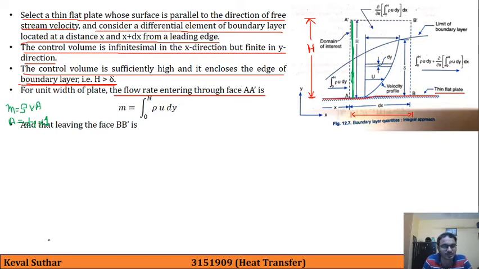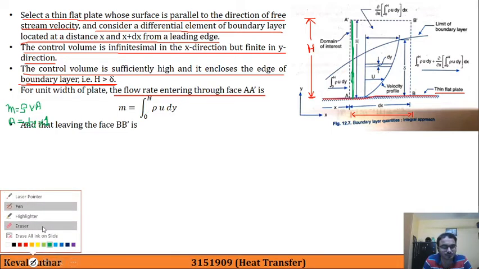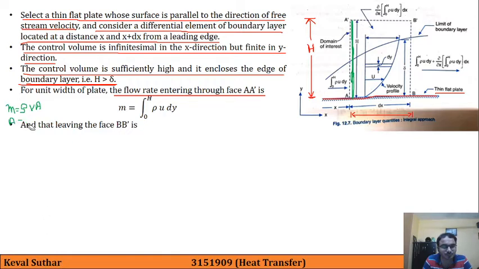So let me erase this portion. I hope you have understood this formula.